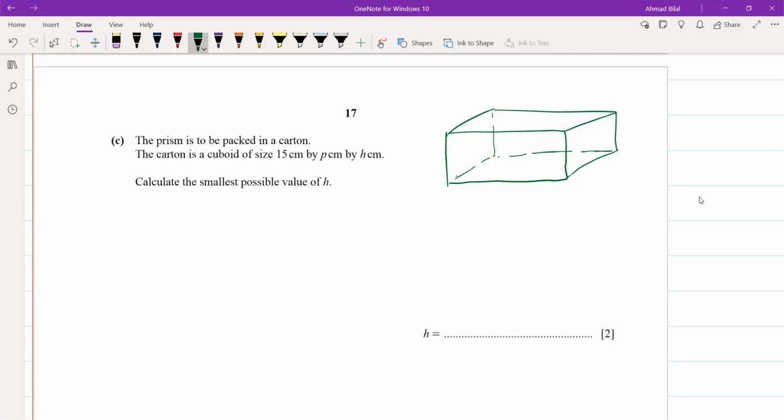Right, ये cuboid है. अब इसकी एक साइड जो है that is 15, एक साइड जो है that is p, and एक side is h. Find the smallest possible value of h.